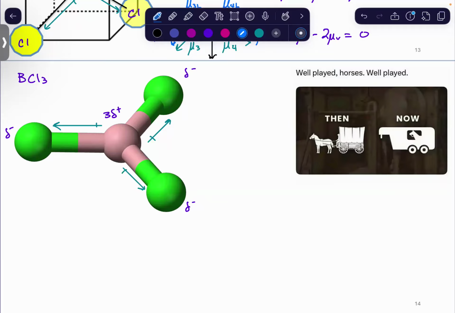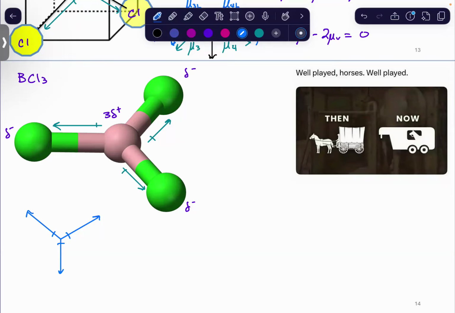And if you were to look at these in a symmetric space, you only need a circle. So what you're getting is you're looking straight down, basically a triangle of vectors. And you can see that they're in a circular symmetric space. So they're all going to end up canceling each other out, and you're going to get this overall nonpolar molecule.